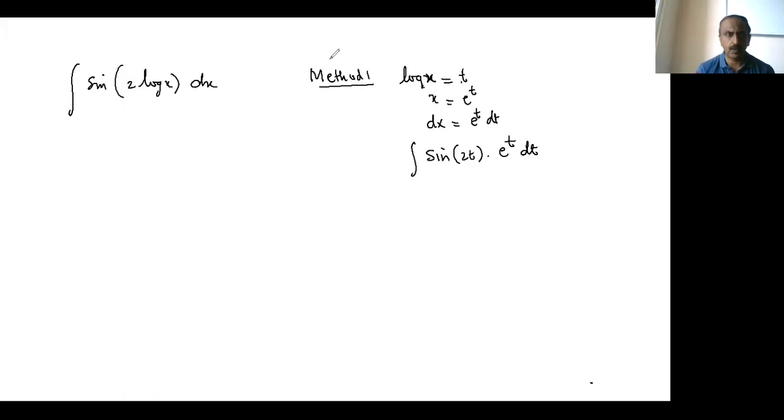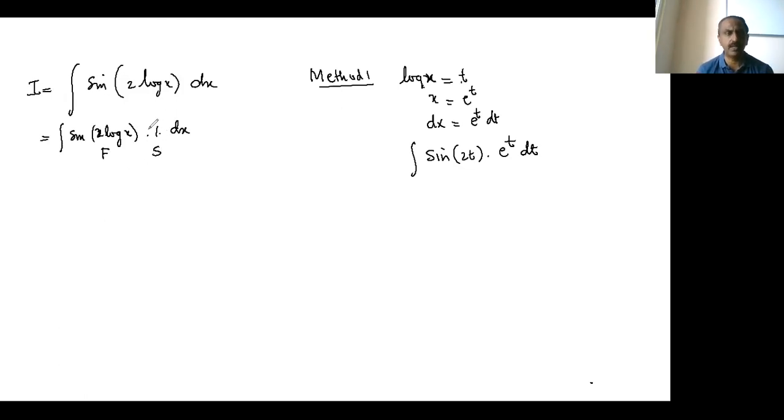The second method of handling this problem is you can write this as an I method. I will write sine of 2 log x into 1 dx. Now here 1 is easily integrable. So this is the first function and this is the second function.